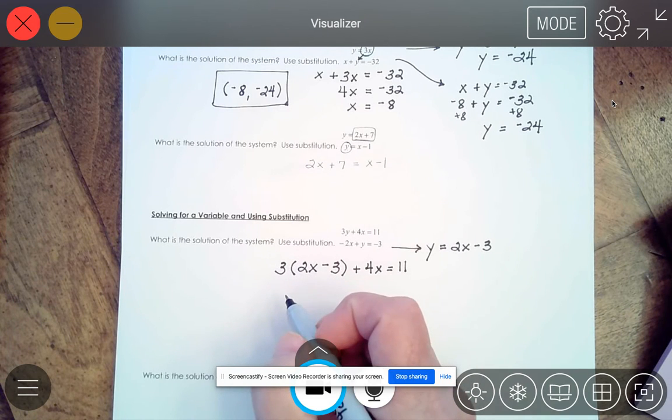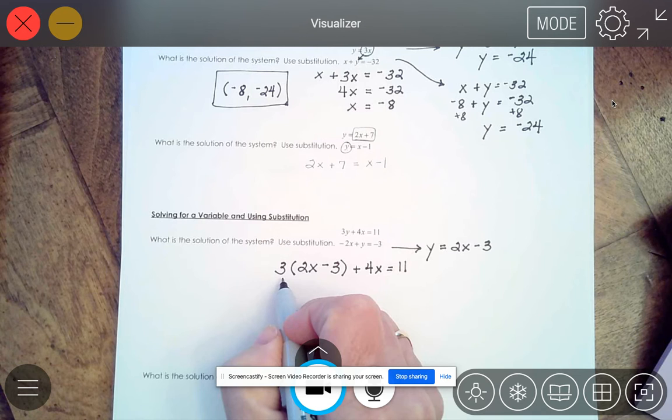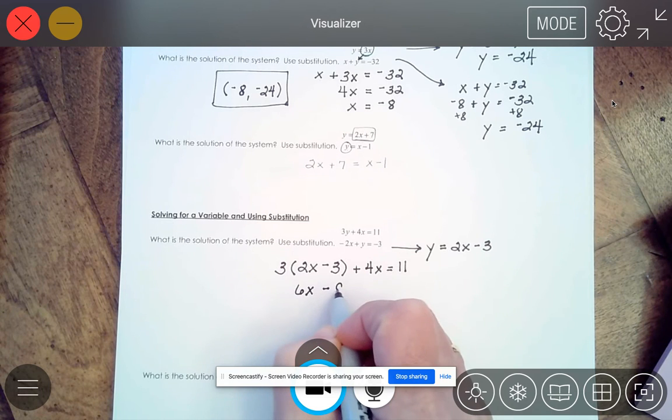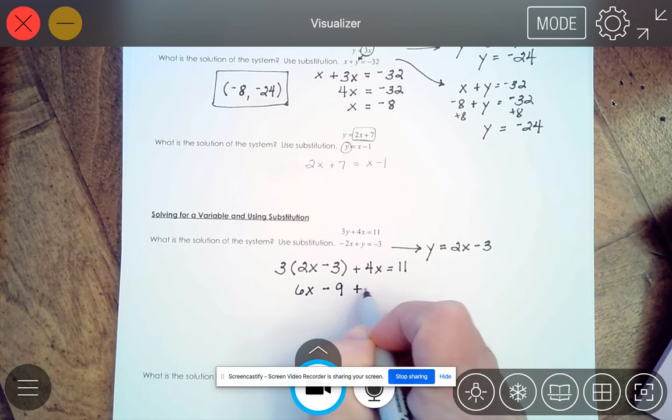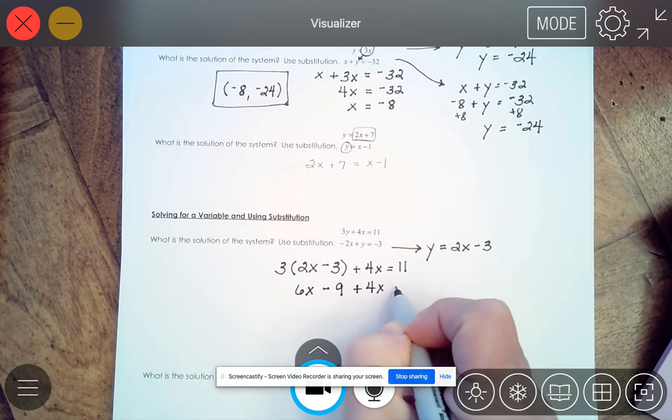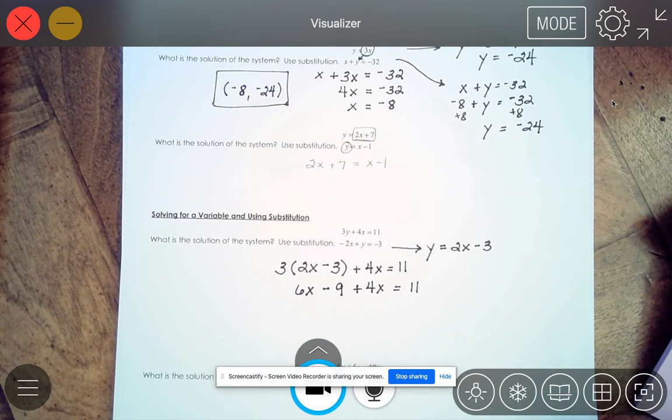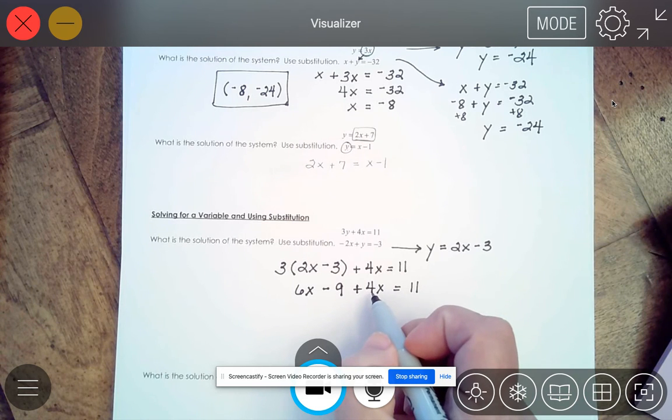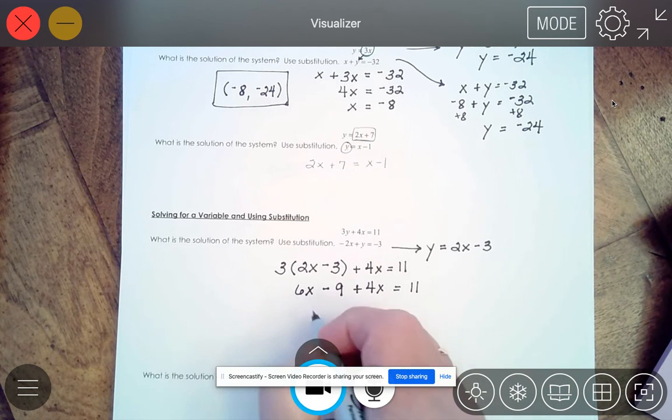I'm going to solve this just like we've been solving these for months. I'm going to distribute the 3. 3 times 2x is 6x. 3 times negative 3 is negative 9. I have a positive 4x, and it's equal to 11. I'm going to combine like terms. 4x and 6x is 10x.